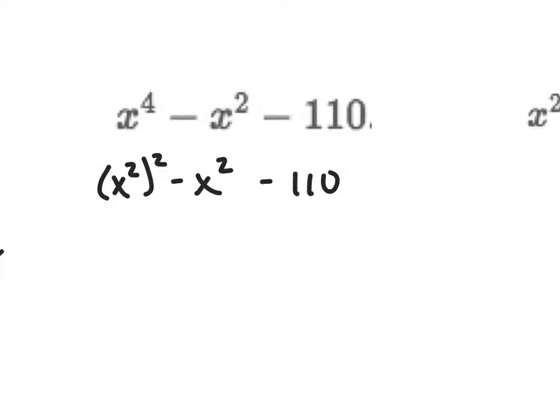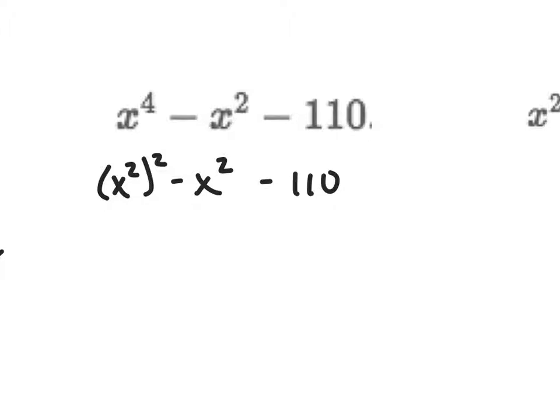Okay, so what I'm doing on this one is, I rewrote this to kind of show a pattern here, to show you something that I can do to make this a little bit more manageable. And so, as long as I rewrite this, and I could go back and multiply my exponents, it gives me x to the fourth, we're good, you can do that.